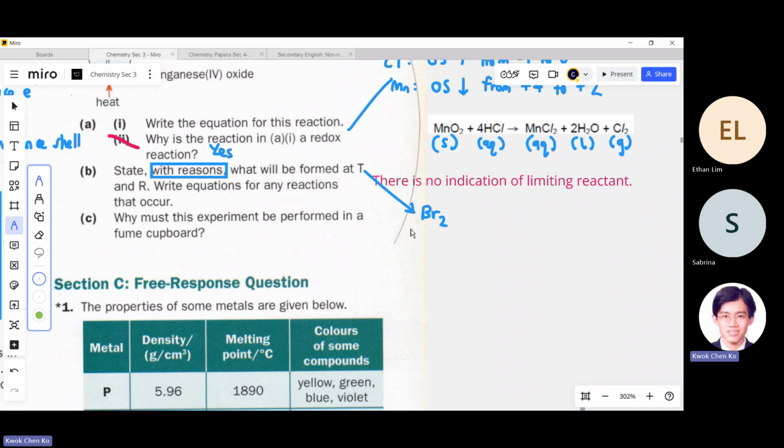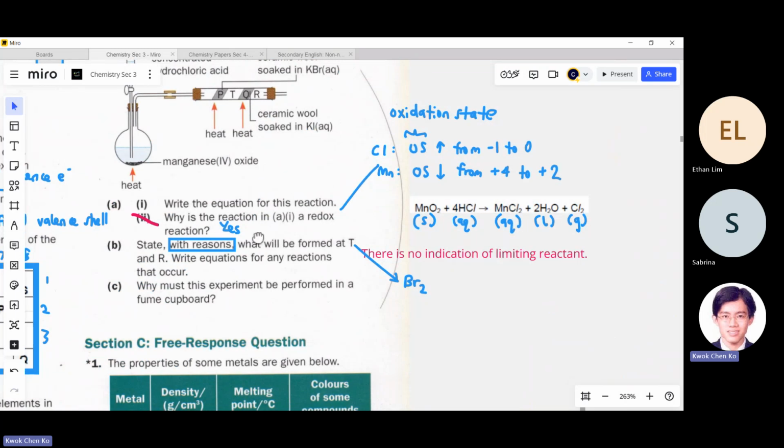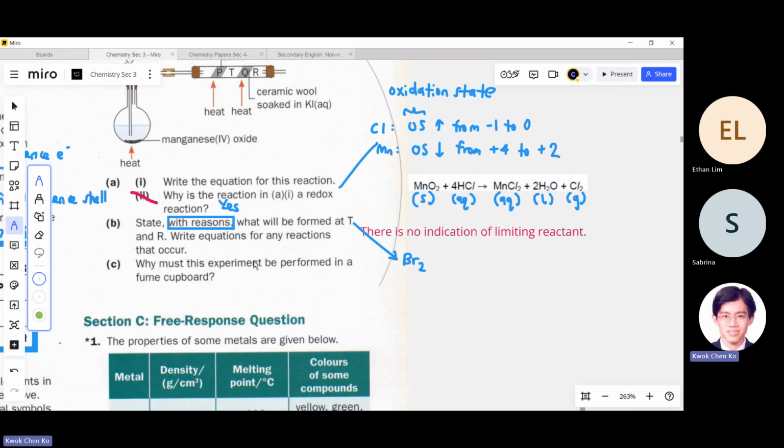But what state do you think it is at? This is the tricky part. Do you notice the heating? Bromine is quite volatile. So because of the heat, you would expect it to be in vapor form.